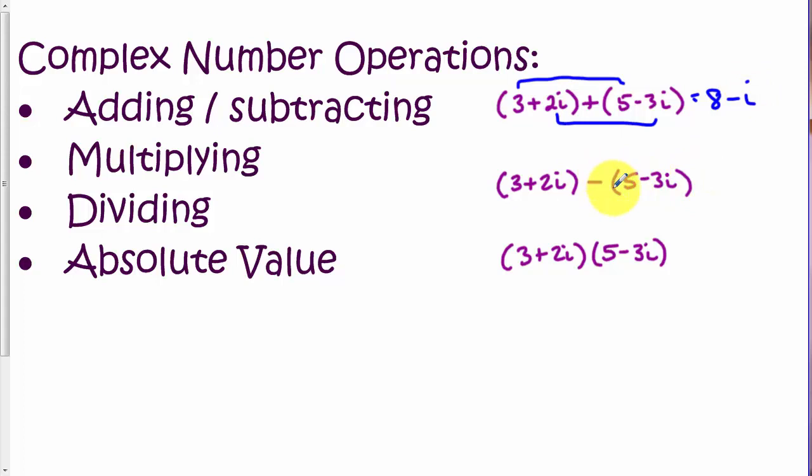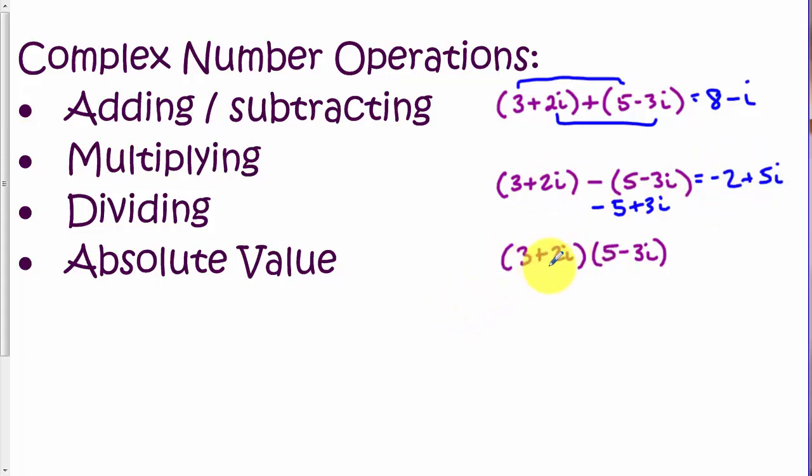Here we can distribute this minus to the entire complex number and then combine our like terms. So 3 and negative 5 would be negative 2, and 2i plus 3i would be 5i.